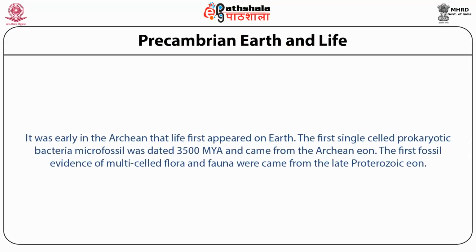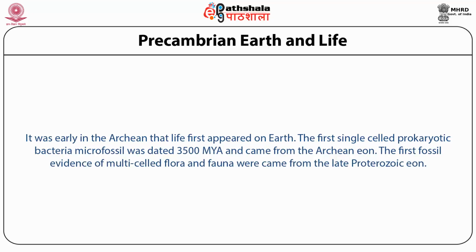It was early in the Archean that life first appeared on Earth. The first single-cell prokaryotic bacteria, called microfossils, were dated 3,500 million years ago and came from the Archean Eon. Eukaryotes appeared during the early Proterozoic Eon.